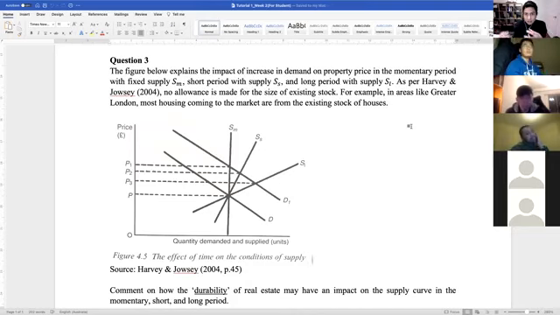And new stock comes into the market not only because of new supply, but also because of a reduction in old stock and converting its use. For example, if an office building already exists but is converted into residential use, then we are changing the use of an existing structure into another, but that may still qualify as new supply.